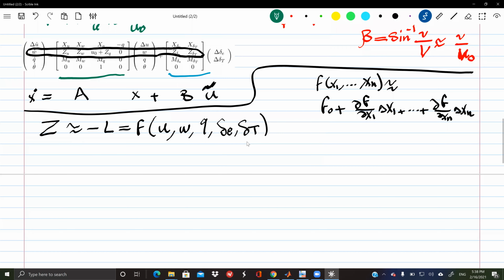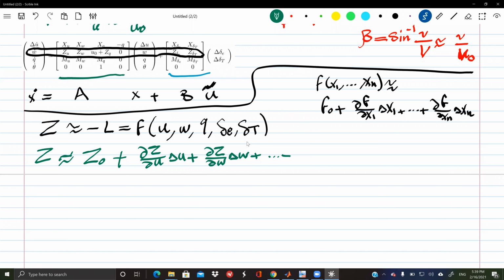So I can expand my z like any function of several variables approximately, because this is a linear approximation, as some value at the operating z naught, which must be the lift at the operating point, exactly equal to the gravity for balance, plus partial z partial u delta u, plus partial z partial w delta w, and so on, right? Partial z partial delta thrust times delta thrust.